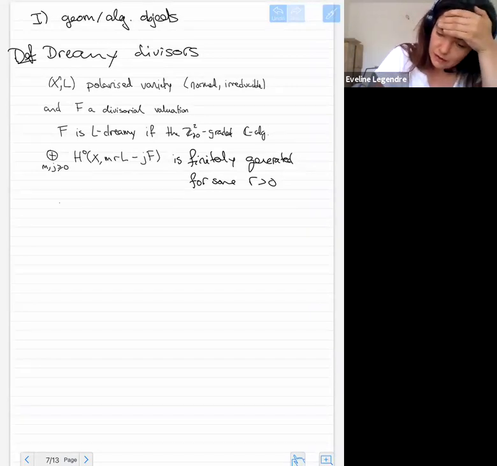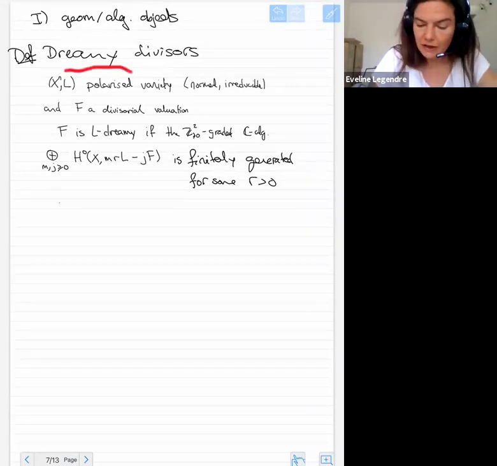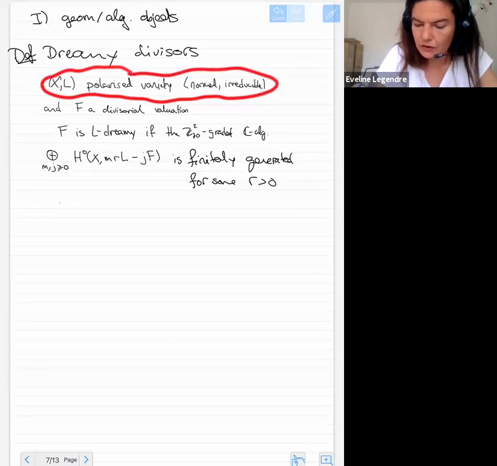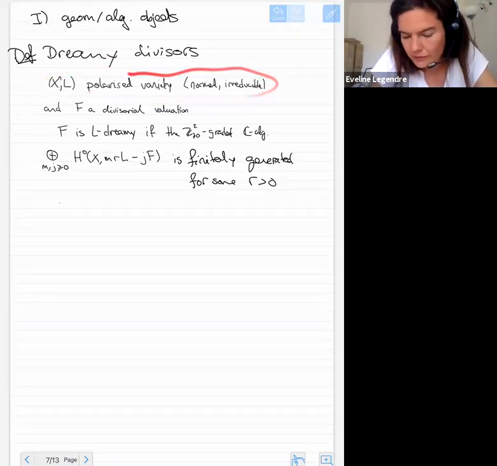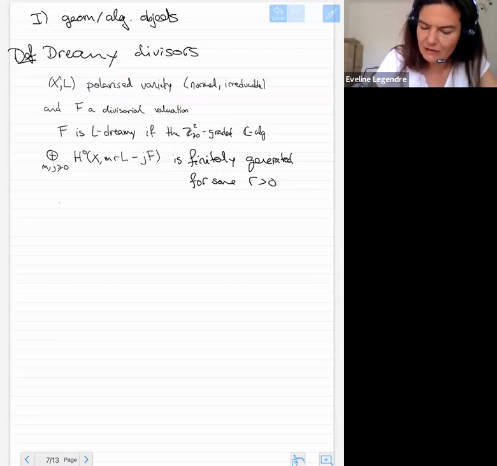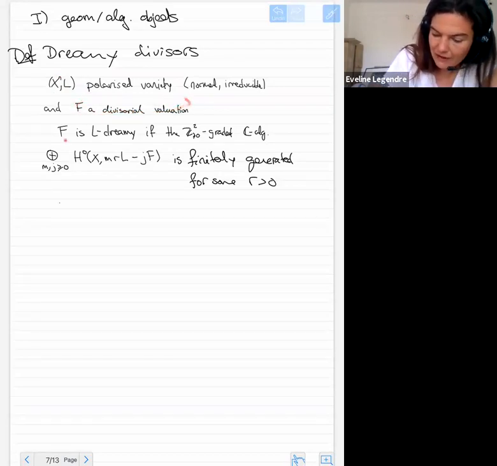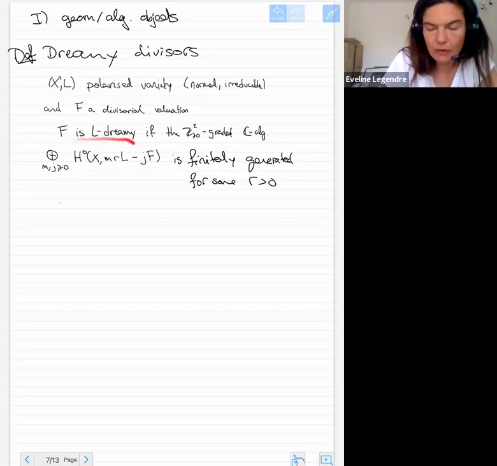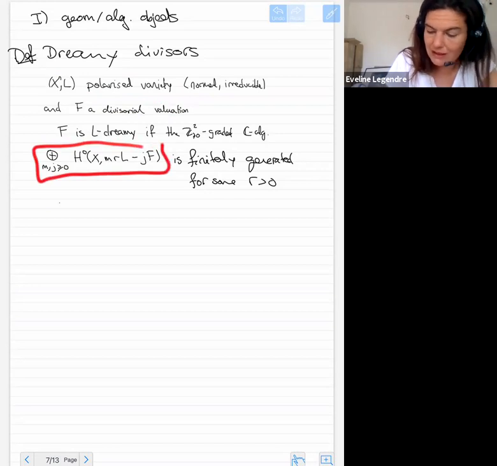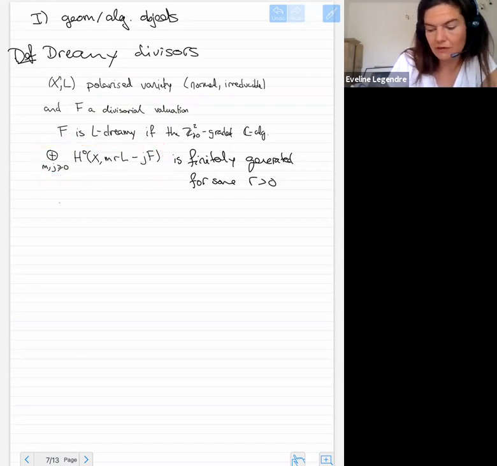So again, I have a polarized variety of dimension n that I assume normal and irreducible, and F is a divisorial valuation. We say that F is L-dreamy, I will forget about the L, though it depends on L, if the Z^2-graded C-algebra is finitely generated for some fixed r.